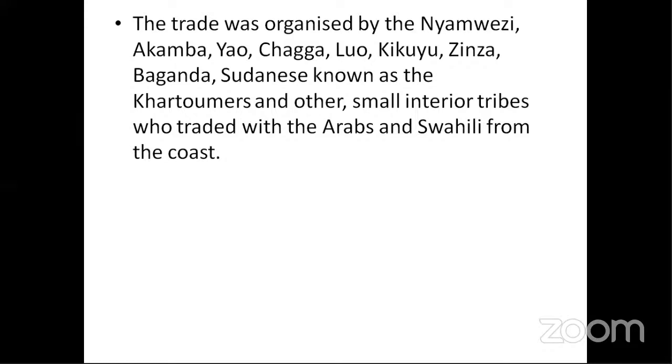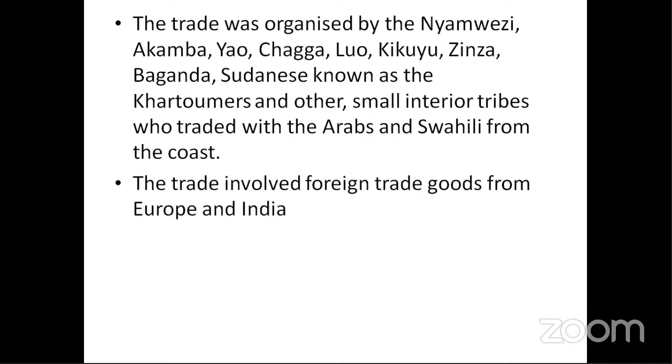The Kamba, the Yao, the Chaga, the Luo, Kikuyu, Zinza, Baganda, Sudanese, Katuma, also known as Katumas. I think that is why they were called Katumas, okay? So we are saying these are the groups of people that got involved in this trade, and it was such a profitable trade.